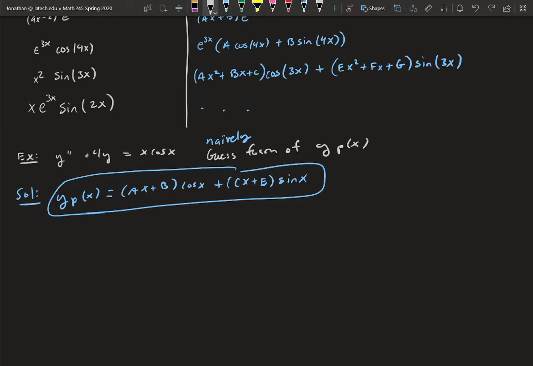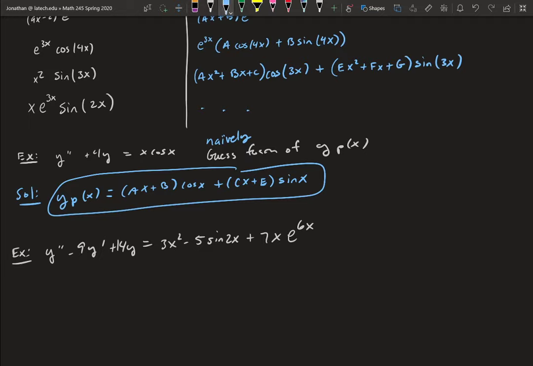Do one more. So we've got y double prime minus 9y prime plus 14y equals 3x squared minus 5 sine 2x plus 7x e to the 6x.